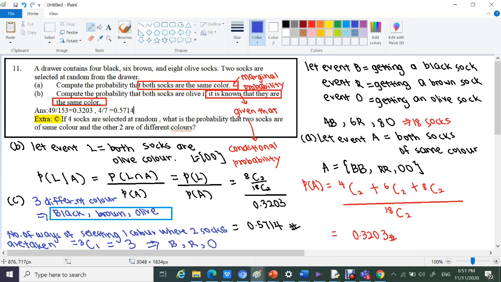So we can either choose 2 socks from our black, 2 socks from our brown, or 2 socks from our olive socks. And then we are going to let event T equal 2 socks of the same color and 2 socks of different color.